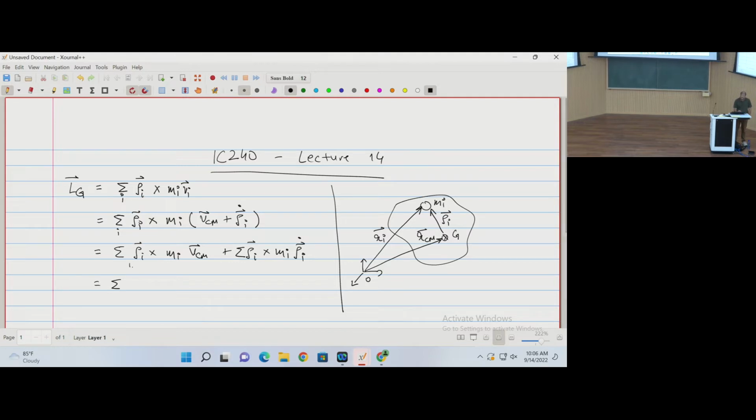So for the first term, I can move m_i with rho_i, because m_i is simply a scalar. We're talking about cross product of two vectors, so we can take a constant on the other side. And this V_CM can be taken out of the summation because it has nothing to do with the summation here.